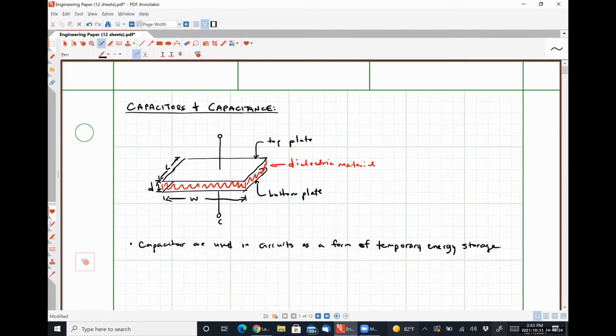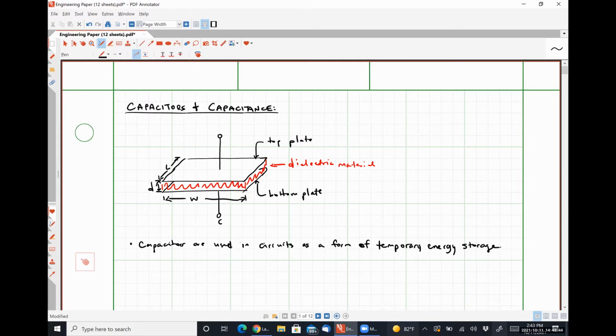So how an inductor stores energy is by concentrating that magnetic flux, all right? How a capacitor stores energy is by physically moving charge onto the plates, right?